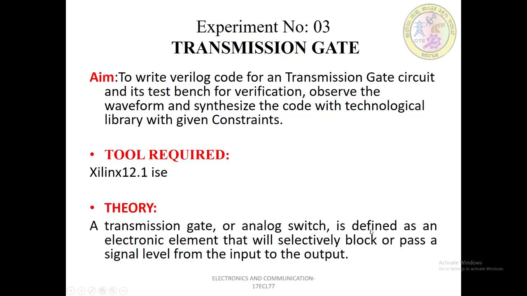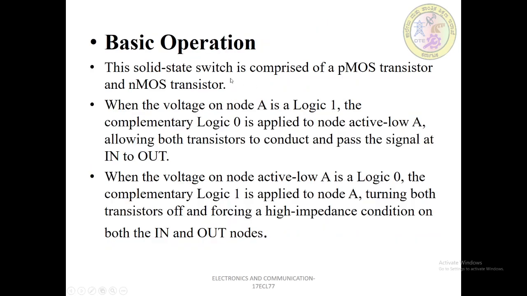Transmission gate or analog switch is defined as an electronic element that will selectively block or pass a signal level from the input to the output. The solid state switch is comprised of a PMOS transistor and an NMOS transistor. When the voltage on node A is logic 1, the complementary logic 0 is applied to node active low A, allowing both transistors to conduct and pass the signal from in to out.